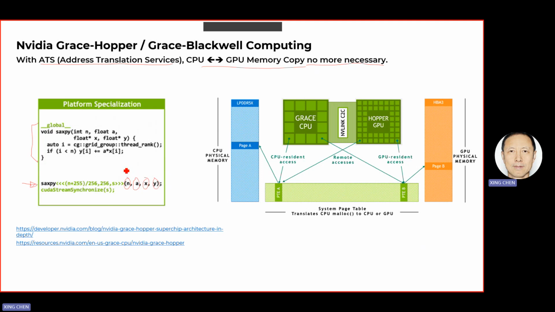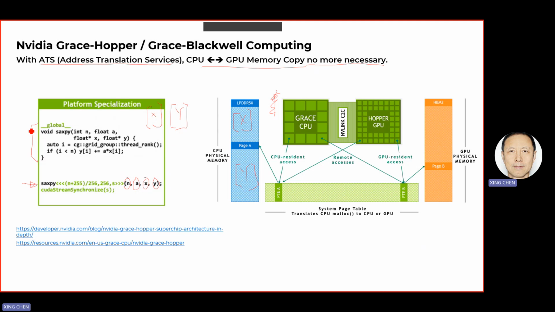X and y we know are two one-dimensional vectors. And where are x and y located? X and y are located in the CPU memory. Here is where x and y are located.